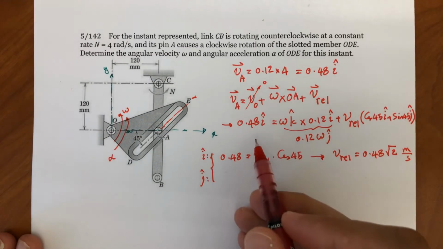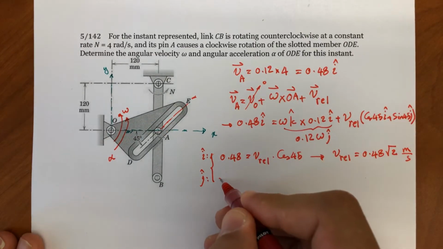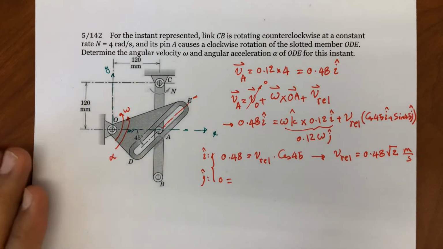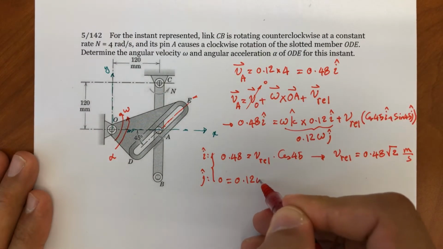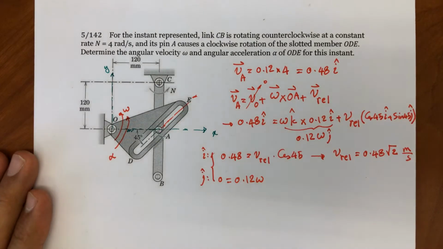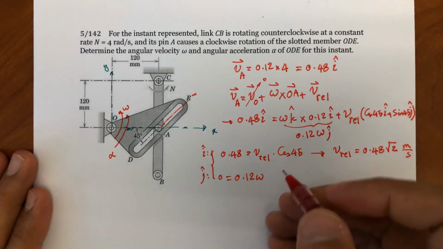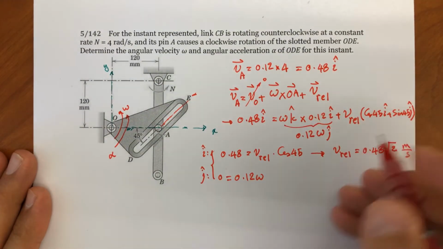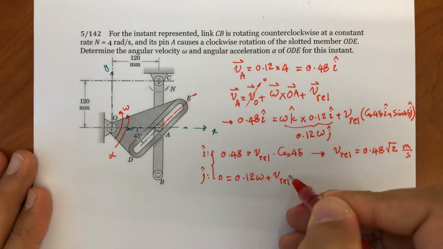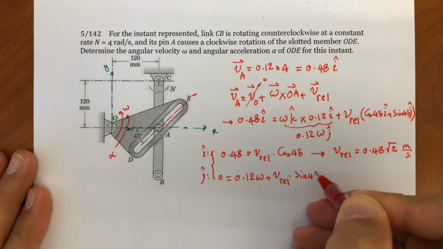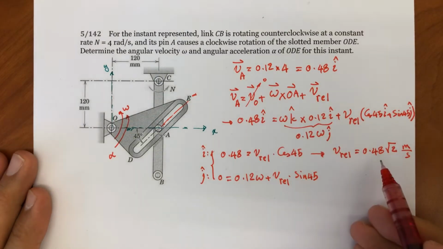And for the J direction, we have nothing on the left side of the equation, so 0 is equal to 0.12 times omega, and I have V rail times sine of 45. And we know what V rail is from the previous part.